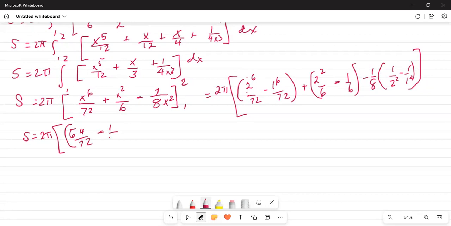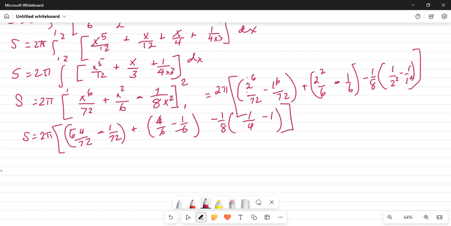Minus 1 over 72, plus 2 squared is 4 over 6 minus 1 over 6, minus 1/8 times, in parentheses, 1/4 minus 1.